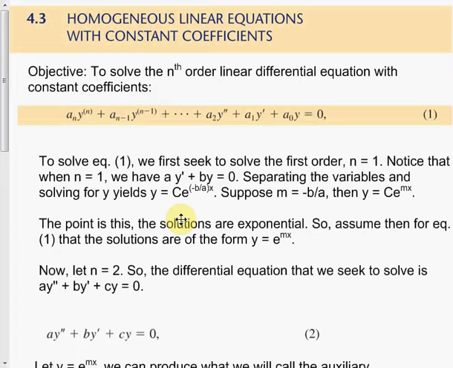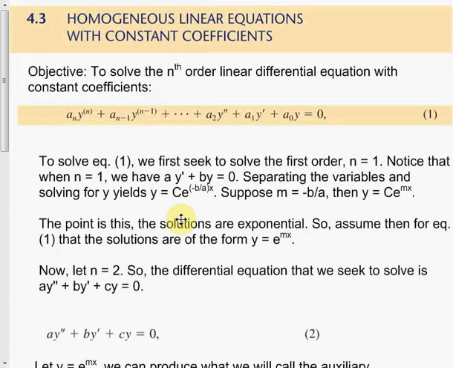We solved that, and we got y equal to some constant times e to the negative b over a times x. Basically, you divide through by the a. Typically, I work that all out, but I thought best to just type it out for you.